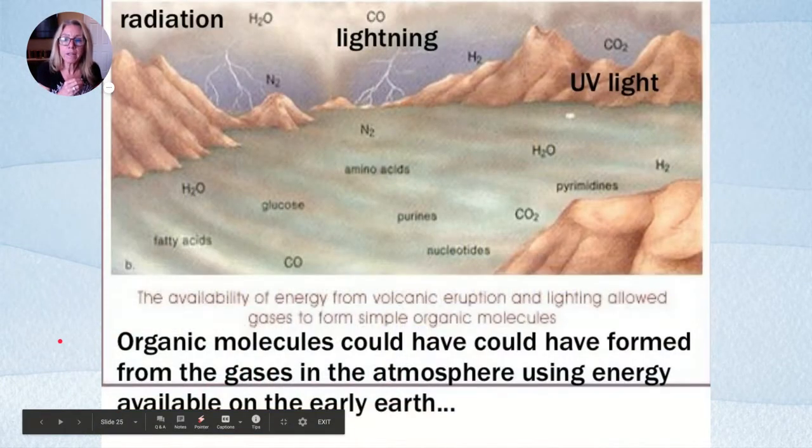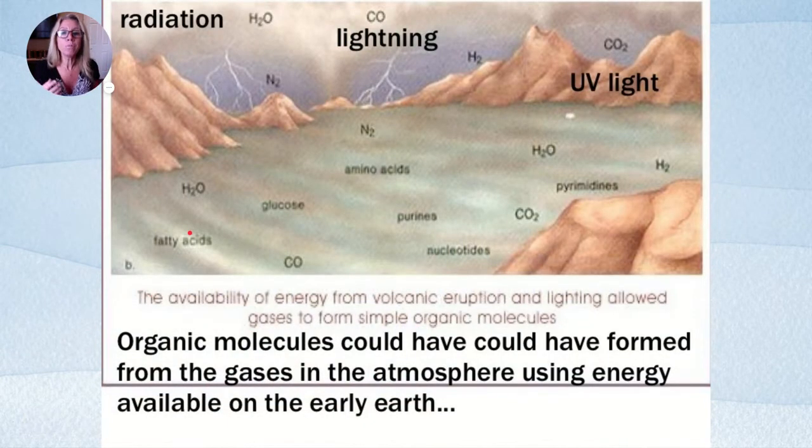So if you look right here, in order to build these simple amino acids and simple sugars, you would have radiation, lightning, UV light, and then this energy could have formed these simple sugars. So let's put in our notes, energy, number 3: UV light, molten magma, lightning, radiation.